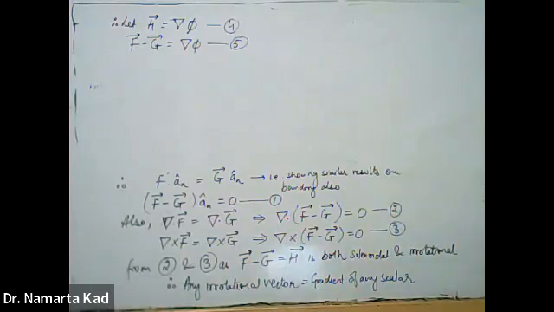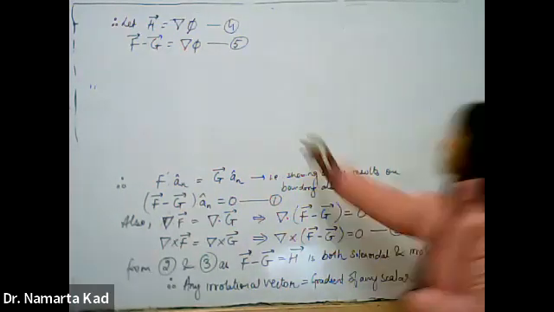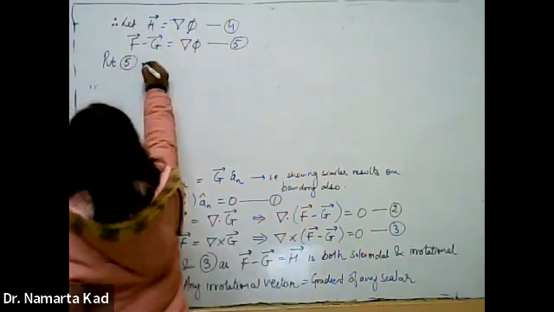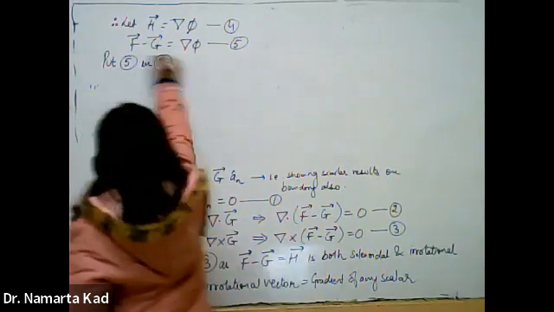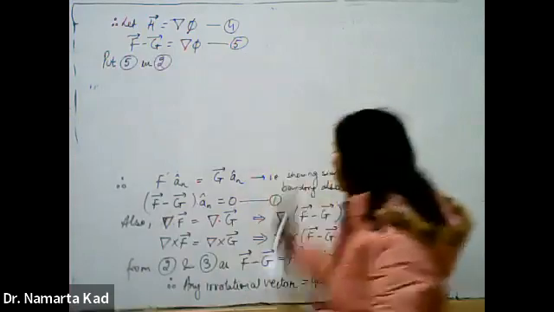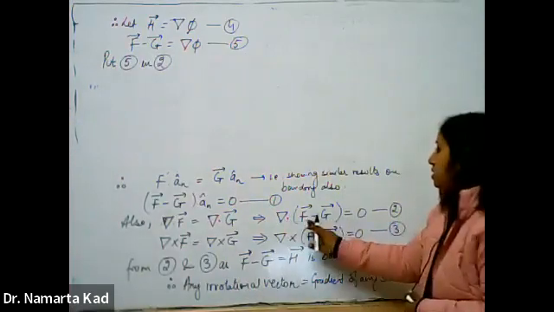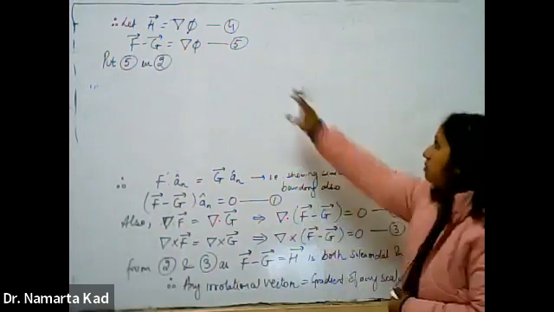Now put 5 in 2. So put this equation number 5 in equation number 2 here. Instead of f minus g, just write del phi.